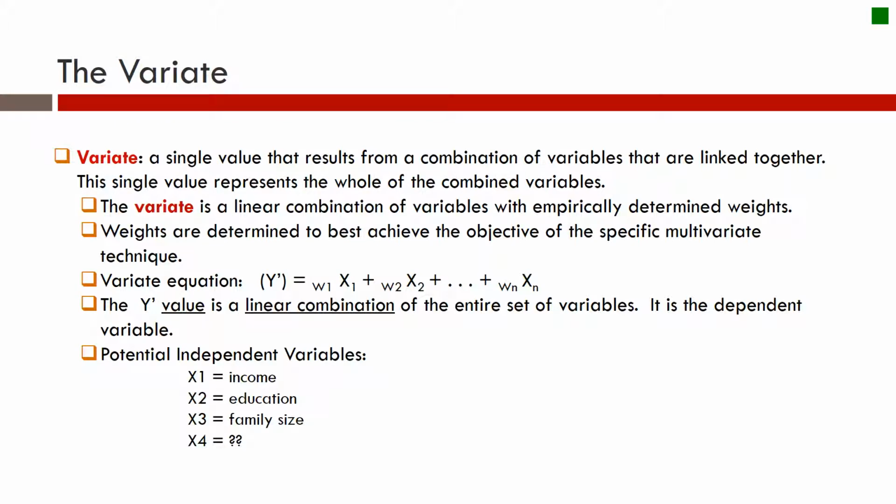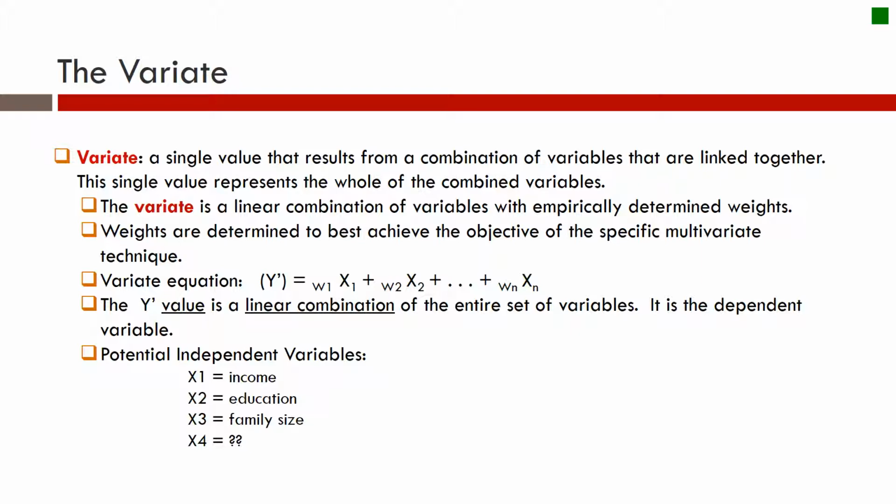Another term that we want to make sure we're familiar with is the variate. The variate is the series of variables that go together into an equation. The variate is a linear combination of variables that's empirically determined by some type of weight or coefficient.